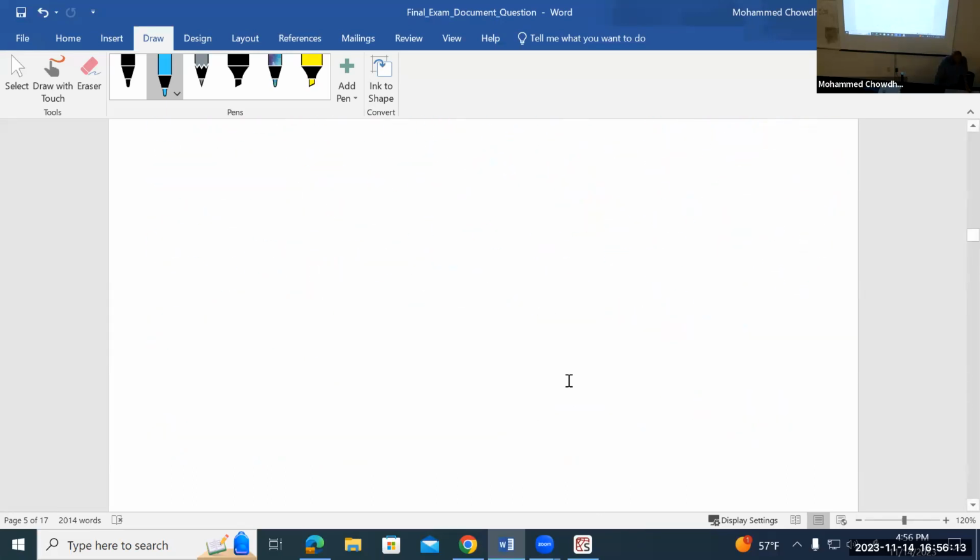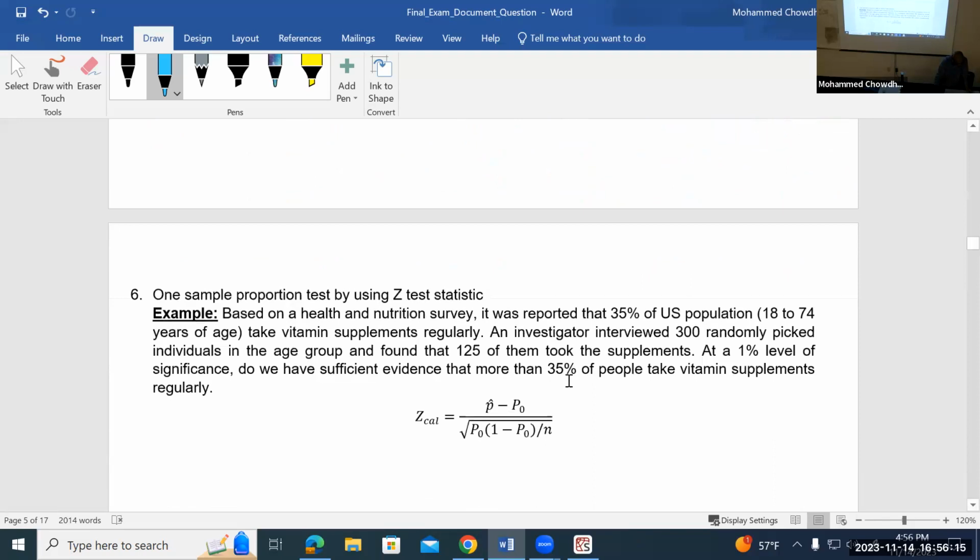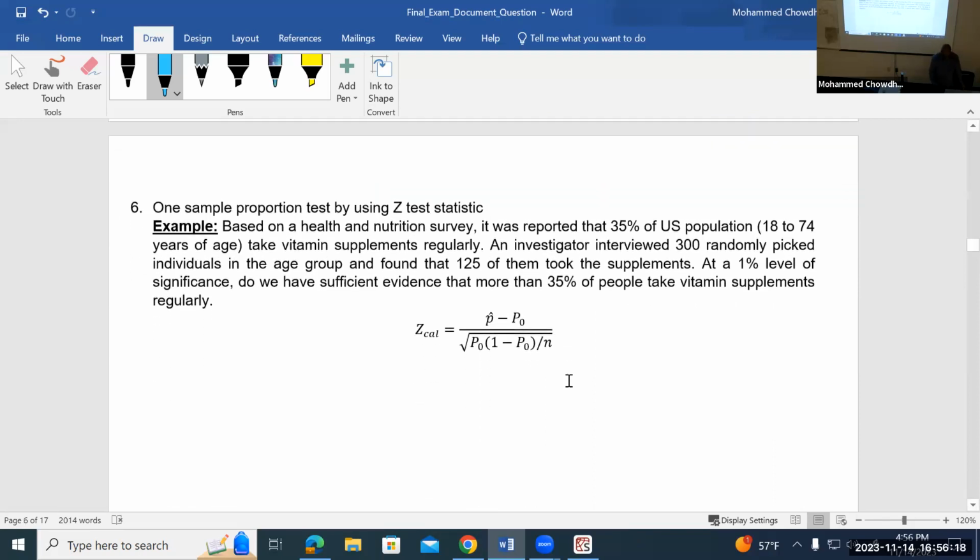Okay, so now this is done. Let us do the Z statistics one. Based on a health nutrition survey, it was reported that 35% of US population take vitamin supplements regularly. An investigator interviewed 300 randomly picked individuals in the age group and found that 125 of them took the supplements.